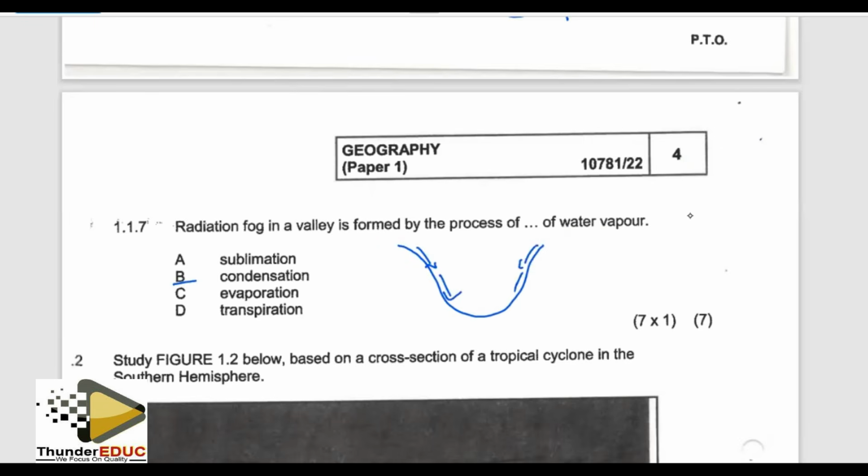So as air subsides to the valley bottom, this air is going to change from vapor to liquid again, resulting in the formation of radiation fog. But the process that results in that will be condensation, a process whereby water changes from gas to liquid. Okay, so that is question 1.1.